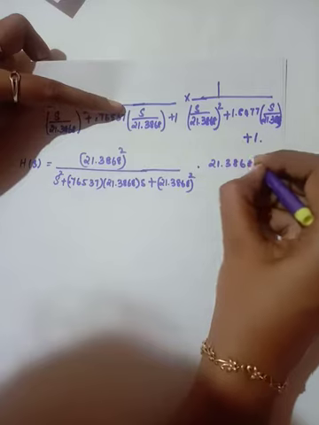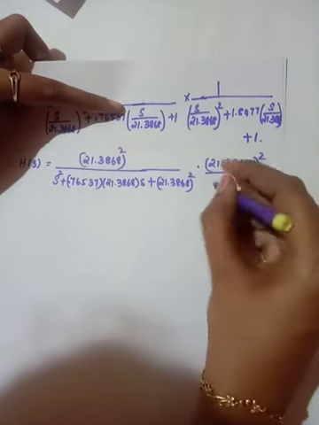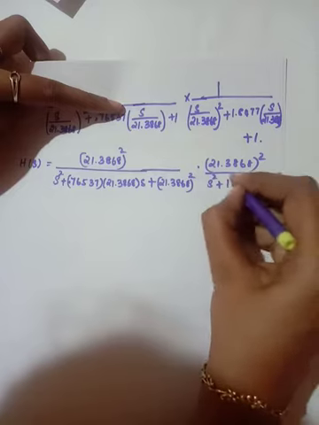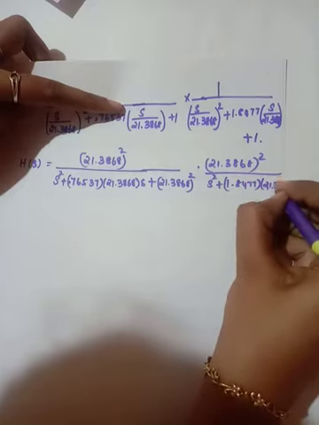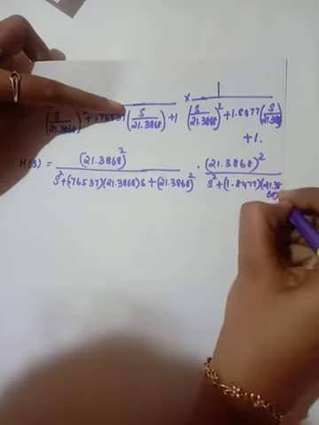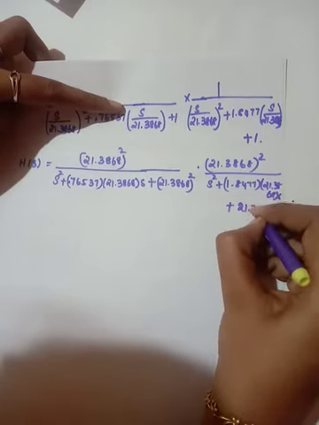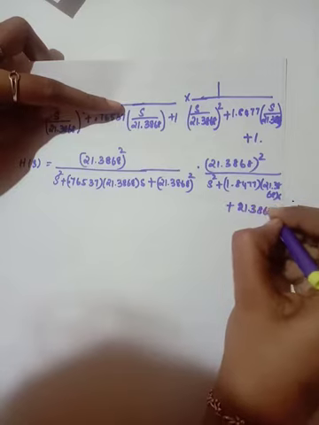Here you will get 21.3868 the whole square divided by (s square plus 1.8447 into 21.3868 into s plus 21.3868 the whole square).